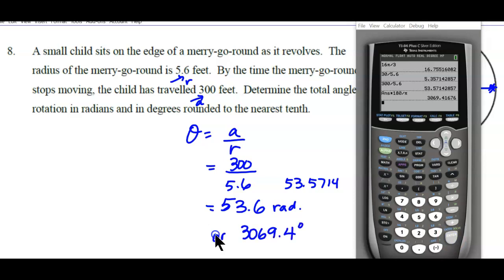Okay. If we knew that, how would we figure out how many rotations? Divide that by 360 or the radians by 2 pi. Okay? Okay, that's where I'm going to stop it.